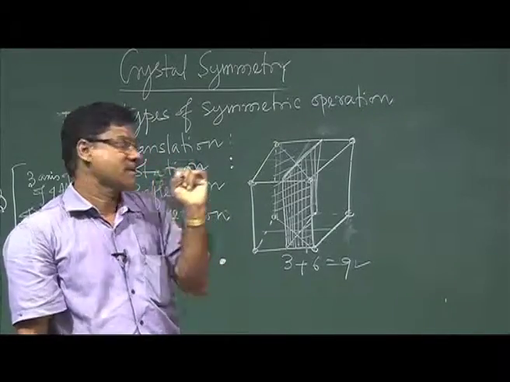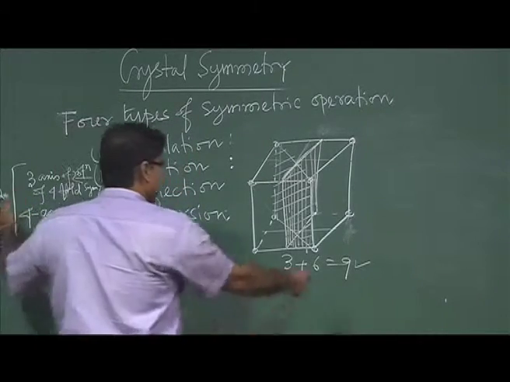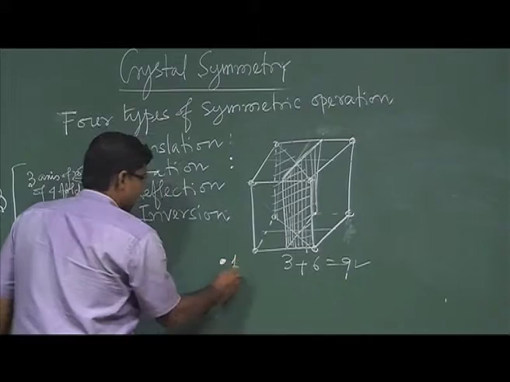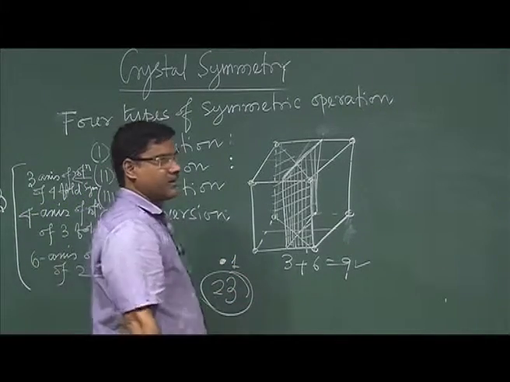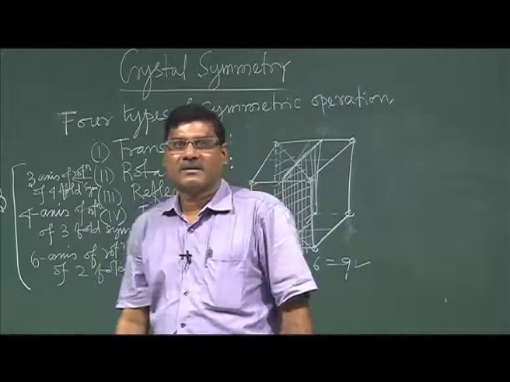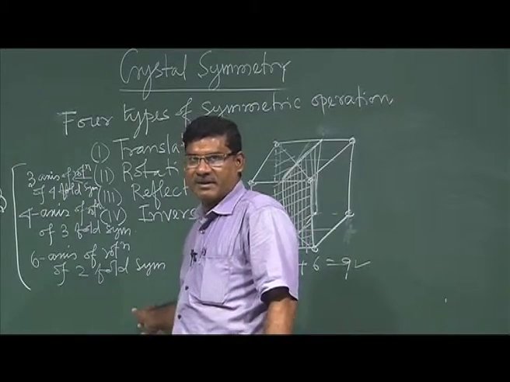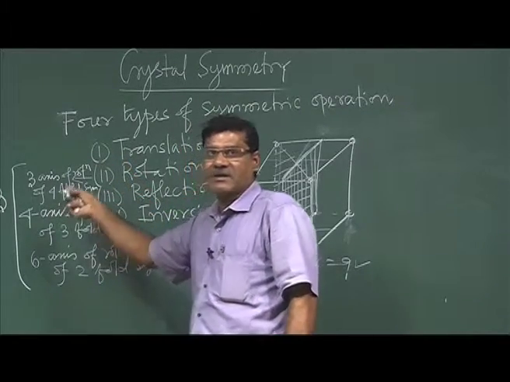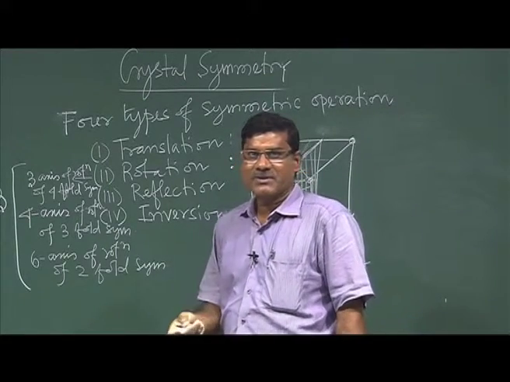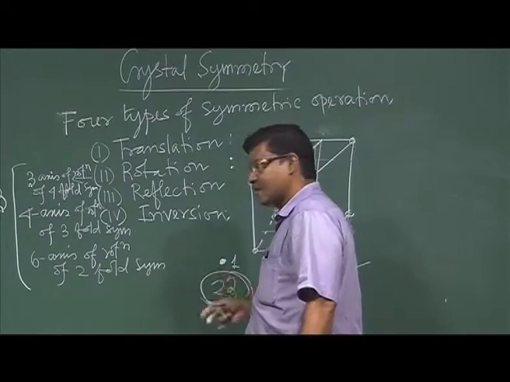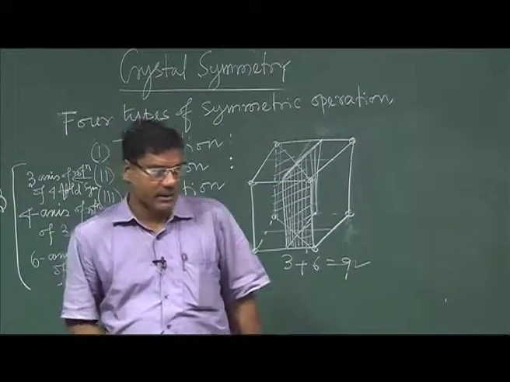With respect to that, the cube crystal will have symmetry. So that is 13, 9, 22, plus this 1. So the cube crystal has 23 symmetry elements: the axes of rotation, planes, and this point. These are called symmetry elements. So, I will continue in the next class.